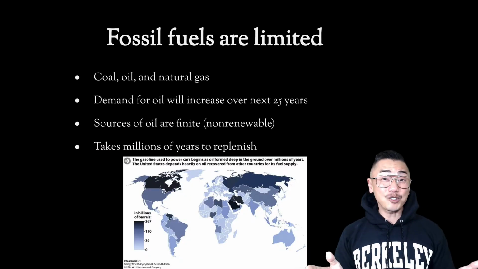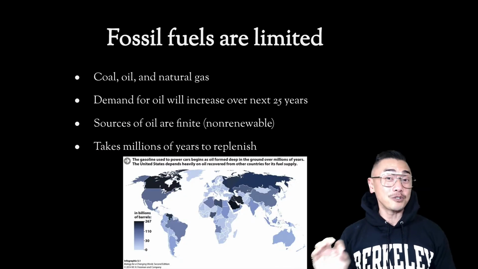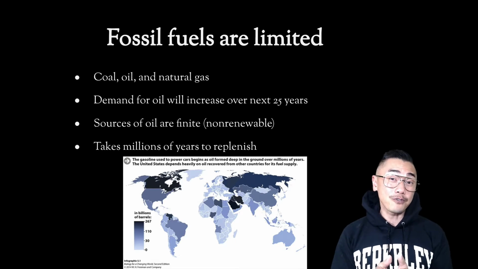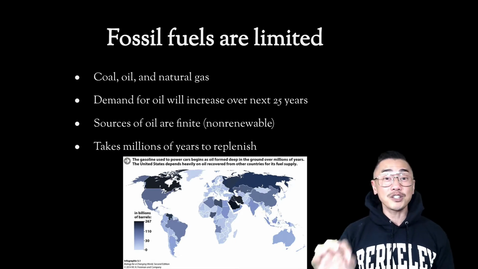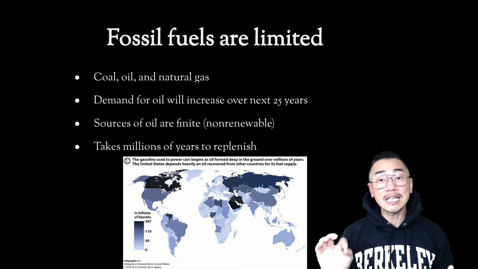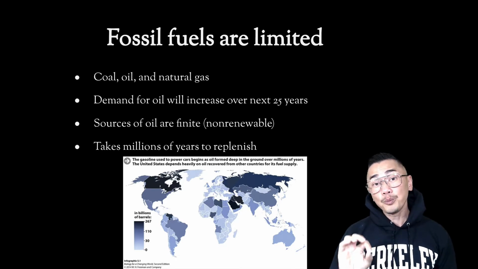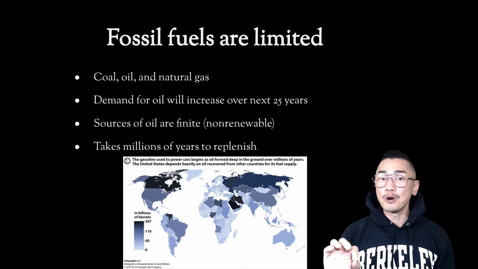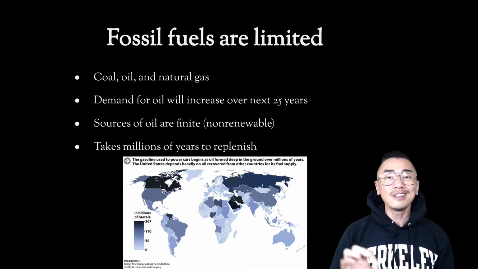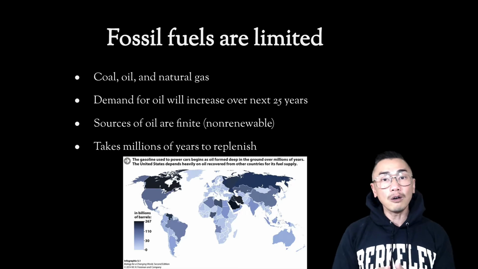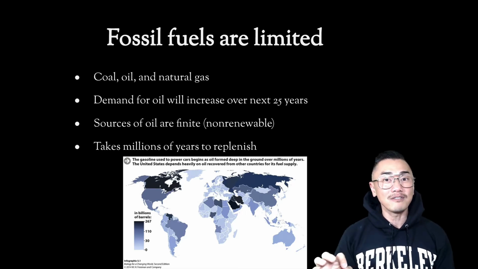Coal, oil, and natural gas are all known as fossil fuels. Fossil fuels form when ancient life and vegetation are subjected to heat and pressure for millions of years. As the world population continues to grow, the demand for oil and other fossil fuels will also continue to increase for at least the next 25 years.